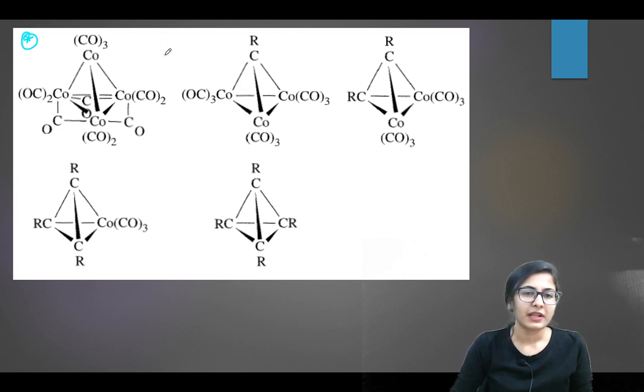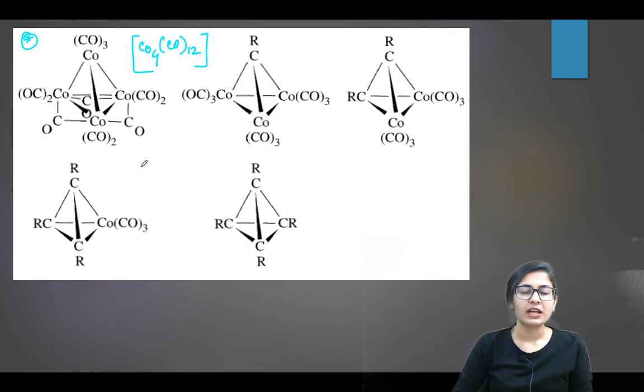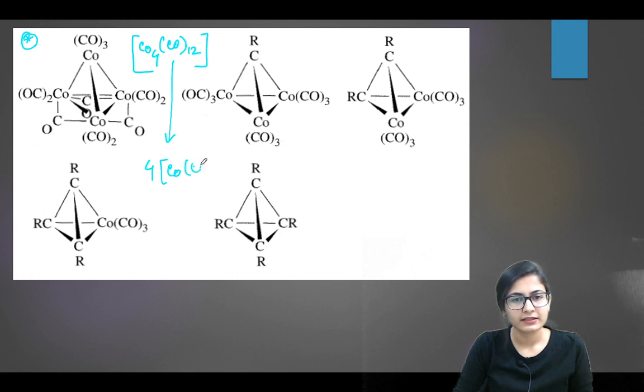Let's say I am talking about a complex having Co4(CO)12, this metal cluster right over here. What do you see in this metal cluster? You see 4 organometallic fragments like this.